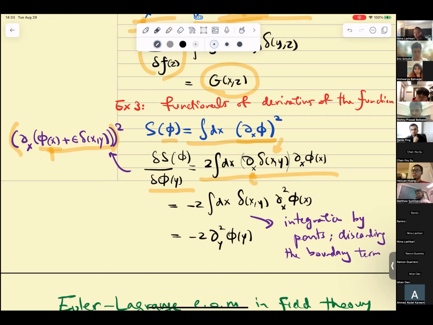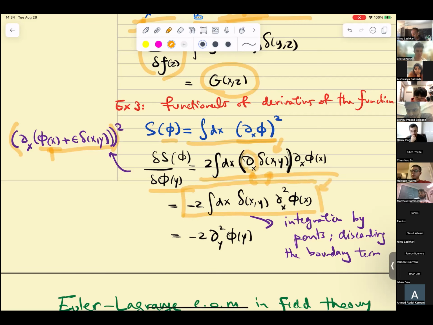Now, how do you evaluate this integral? Well, you do integration by parts, as we often do with these expressions, right? So you complete the square and basically you write it as a total integral minus this term, right? The total integral is a boundary term that vanishes. This is all you've got.